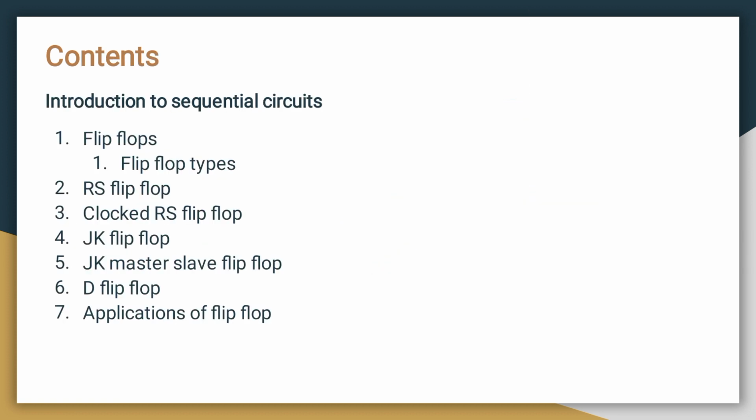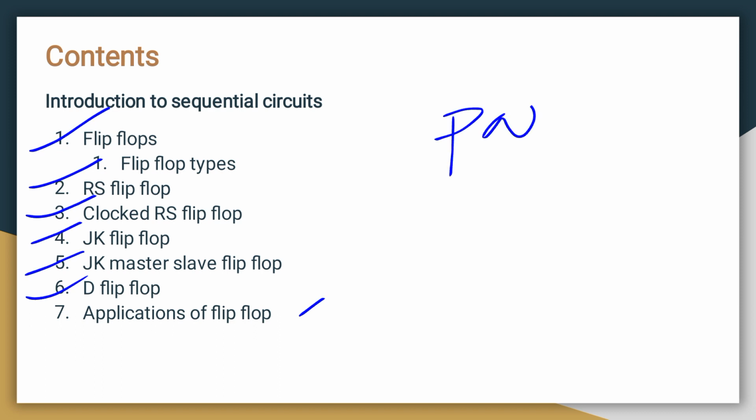By this I have completed the flip-flops: RS flip-flop, clocked, JK, master slave and D. At the last is the application of the flip-flop. The applications of the flip-flop are, first, parallel data storage. We can use it for parallel data storage.